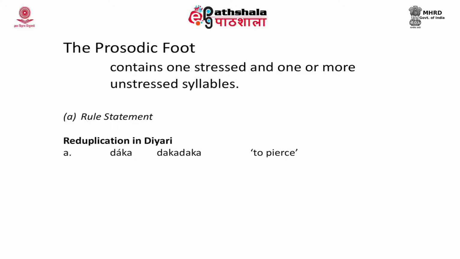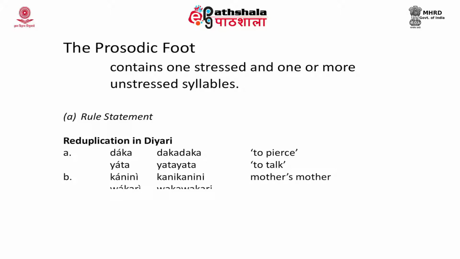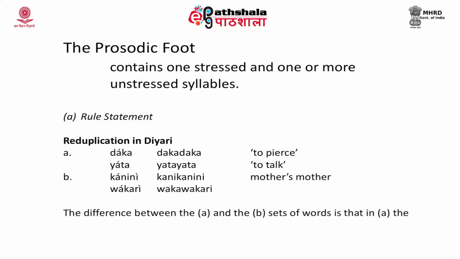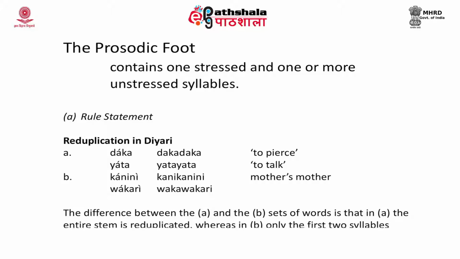Take a look at the data on the screen, data on reduplication in Diari, an Australian language. Let me read them. Dhaka, Dhaka Dhaka, Yata, Yata Yata, Kanini, Kani Kanini, Wakari, Waka Wakari.